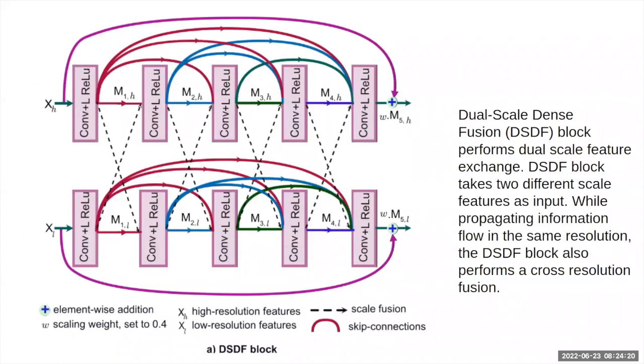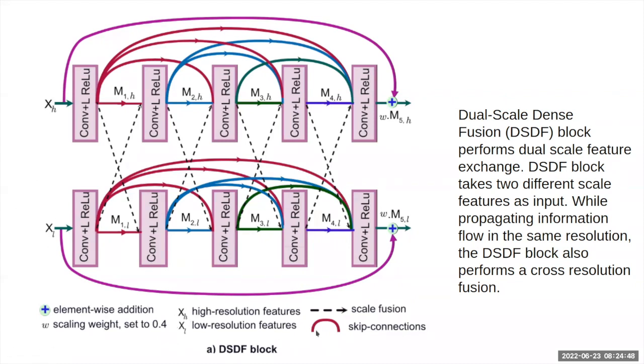Yeah, so here you can see the dual scale dense fusion block, which works with high resolution and low resolution images. The first block on the top takes high resolution features XH, and the block on the bottom takes XL, the low resolution features, and processes them.